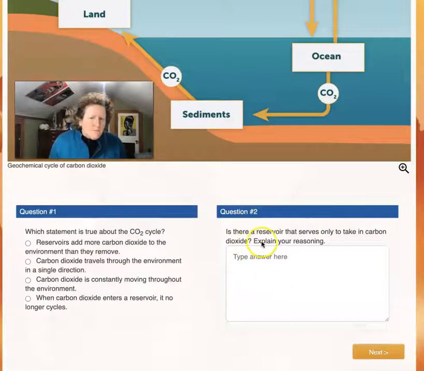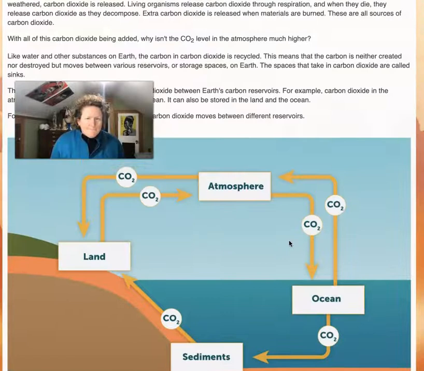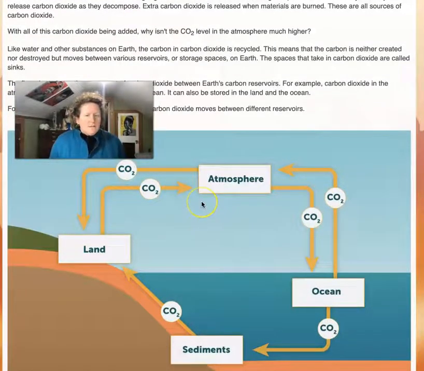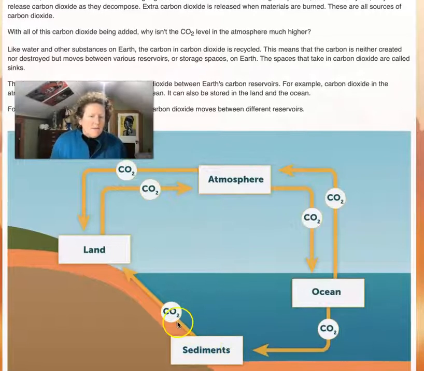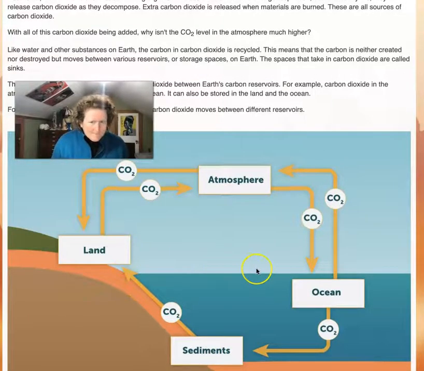Is there a reservoir that serves only to take in carbon dioxide? So if we look at this model here, is there a place where an arrow is only going in? It looks like that might be true for sediments. It's coming in here, but we can see the arrows also going out.